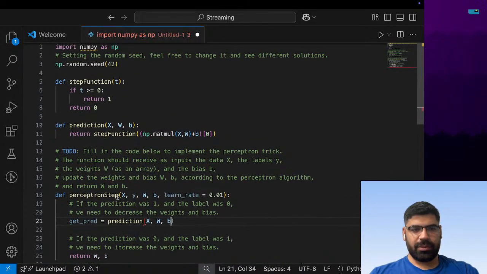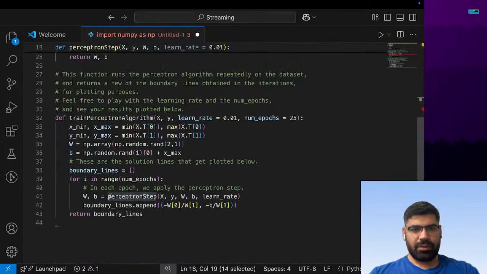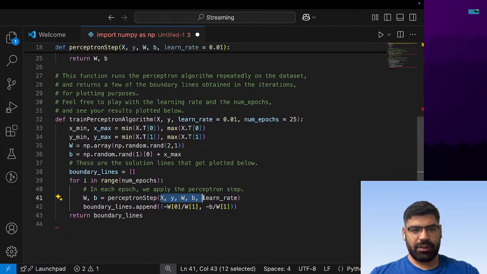No, the perceptron step was called here. It goes here.